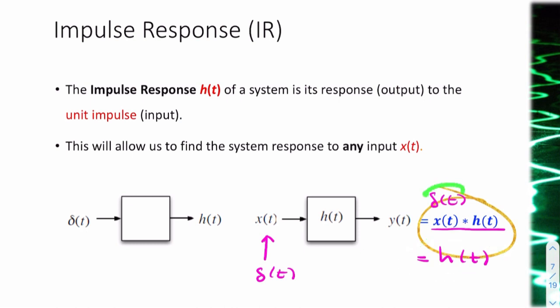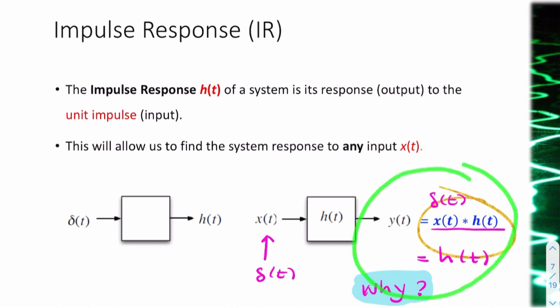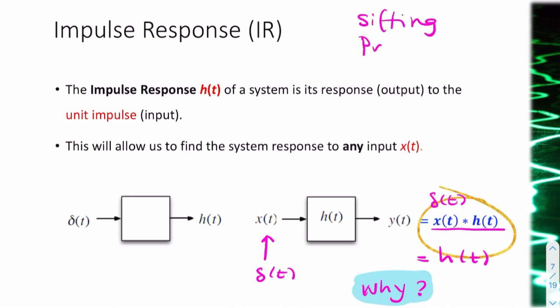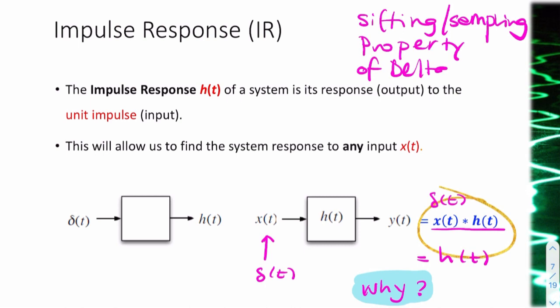So delta t convolved with h of t will give you h of t. If that's not obvious, if that's not clear to you, then ask yourself why and spend a few minutes actually trying to prove that. Okay, you might need to remember the sifting property. Not the shifting property, the sifting property, or the sampling property of the delta function.